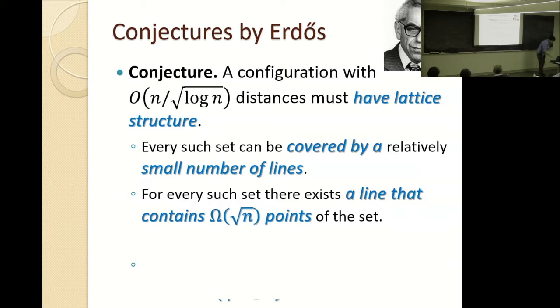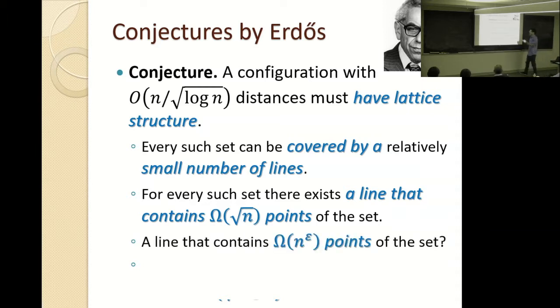And the situation is so bad that decades ago, Erdős asked, can someone show that there's a line with n to the epsilon points on it, for any epsilon, as small as you like, if there are few distances? No one knows how to do this. I always think you want to laugh at people who work on these problems. This is a good way to laugh. Like, we don't know how to do this much weaker thing.